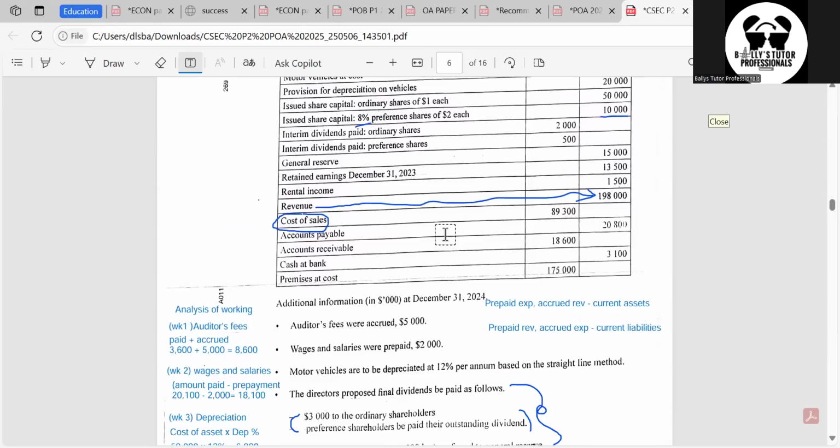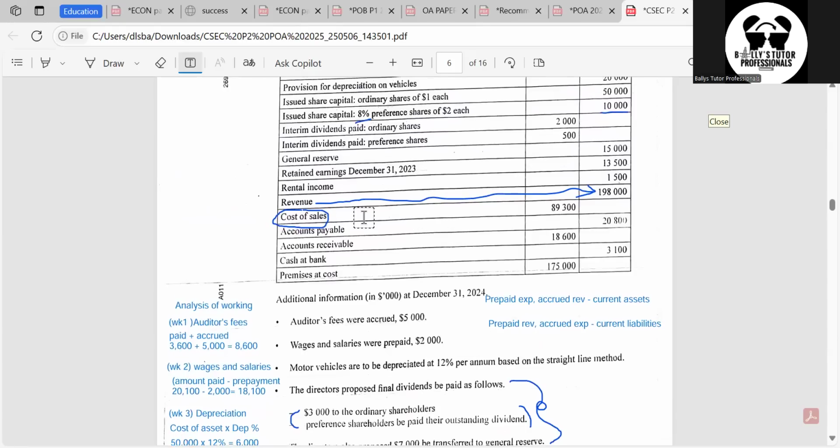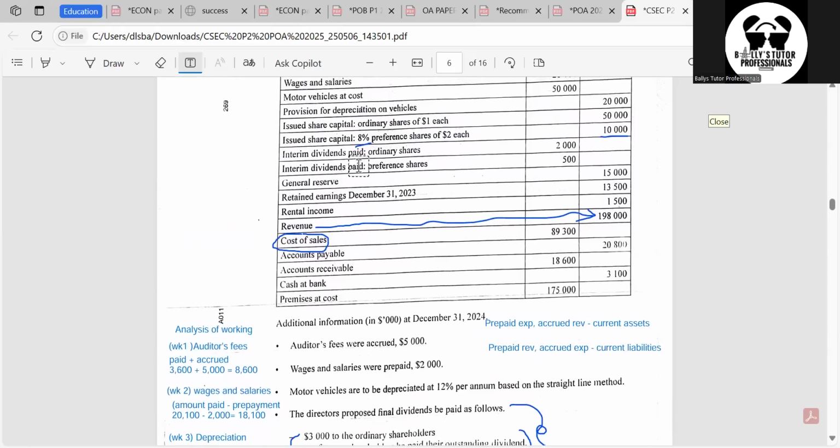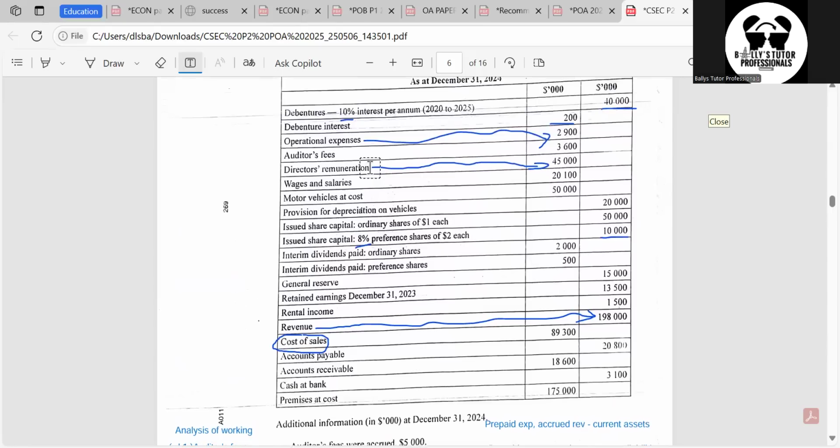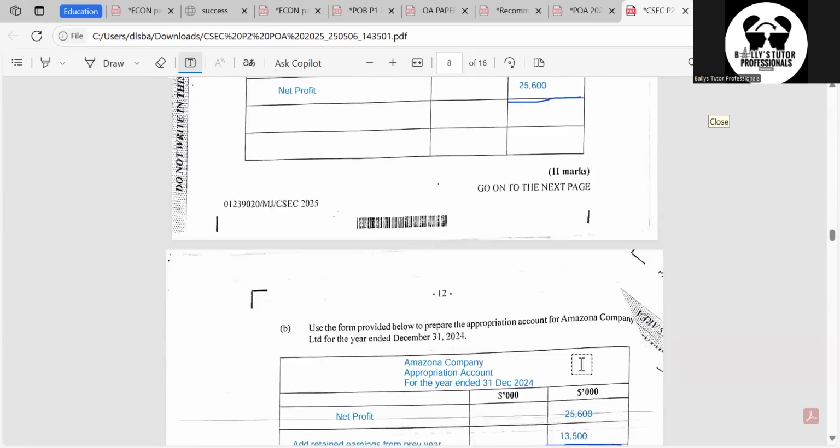All right, so we have prepaid expense, and we have any other one? Let's see. Accounts receivable, 18,600. Not cash at bank, because it's on the credit side, so there's a bank overdraft. So we're going to be going according to permanency.